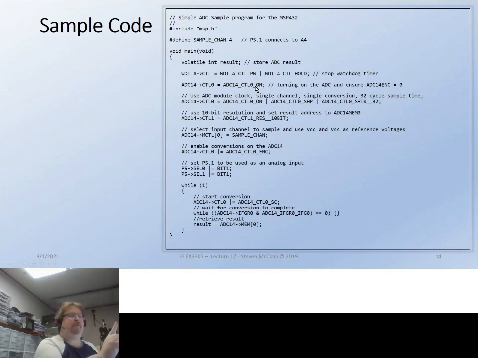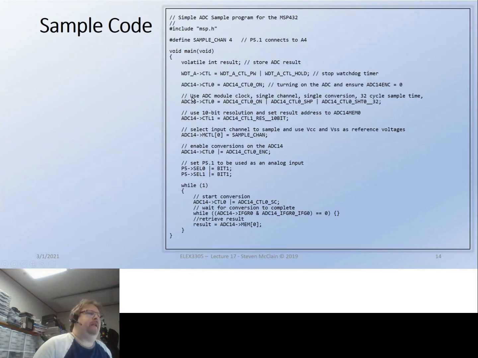It's the power bit. There's one bit, and all the other bits are 0, including the ENC bit. It's writing them all at once, because it's equals here. So the enable had to be set to 0 in order to write the other bits. Yeah, got it. And this will do the power up too. So you basically have to turn power on and then do the other stuff.